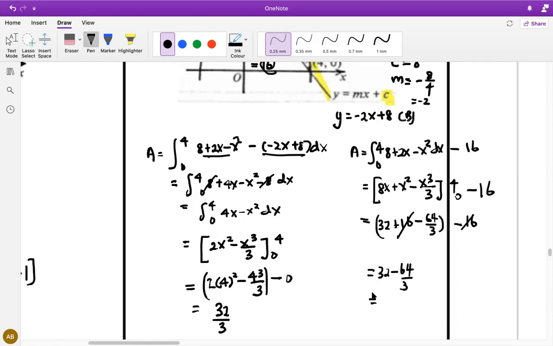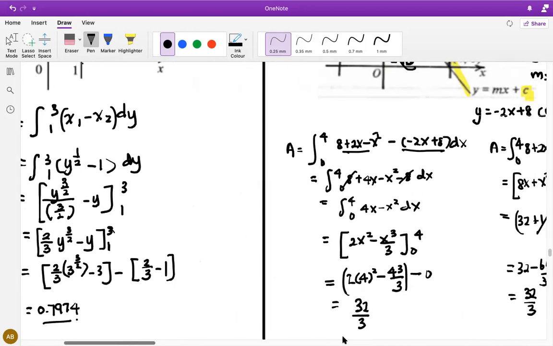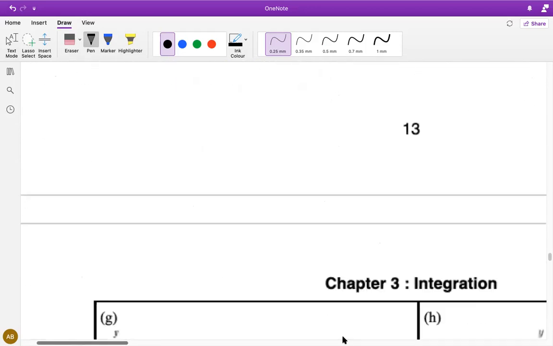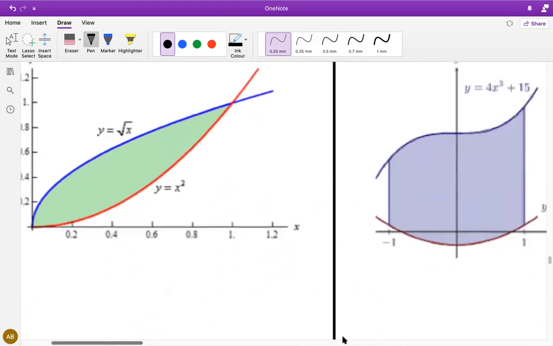So it's 32 minus 64 over 3. So you should get 32 over 3 also. Okay, so the answer is the same. Okay, sorry, 96. So this one is 96 minus 64 over 3. So you get 32 over 3, right? So correct. Okay, then we go to the next one, G and H.